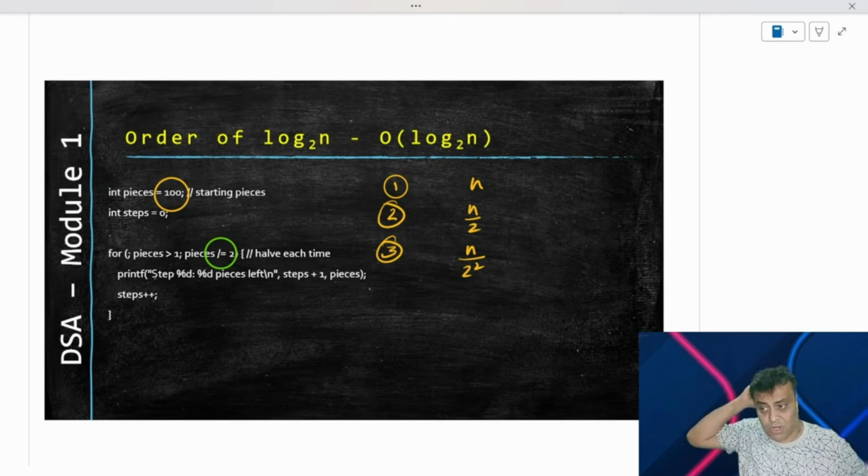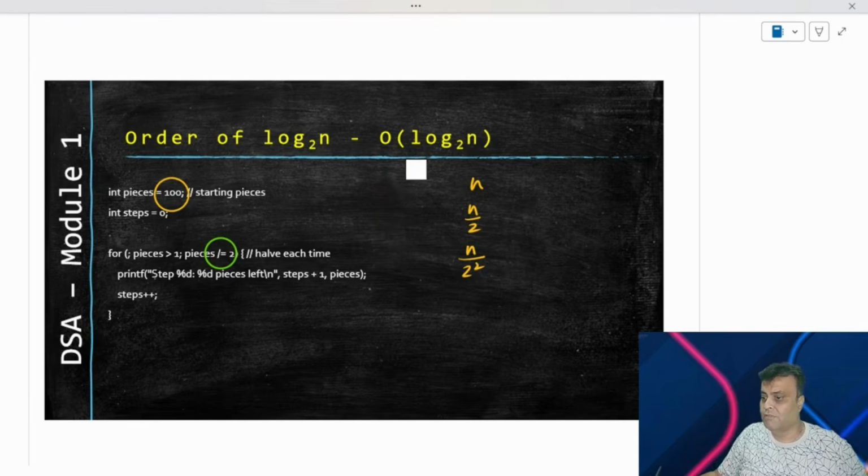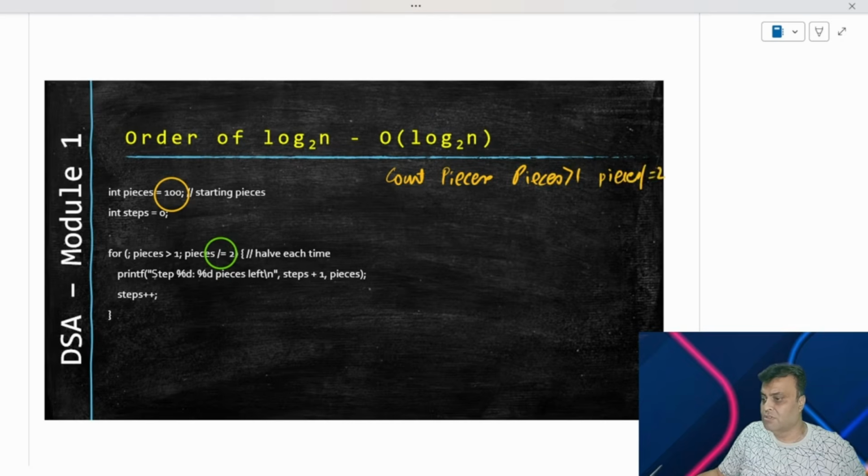Let me put it in a different way so that you can understand in the normal dry run fashion. Let us say that we have a count of run, we have our pieces, and we have the comparison of the pieces. Pieces is getting compared with 1, and then we are decrementing pieces by slash equal to 2. The first time it runs, pieces has a value of n.